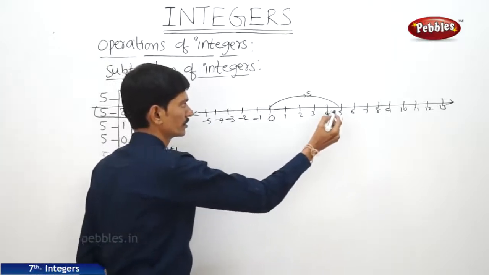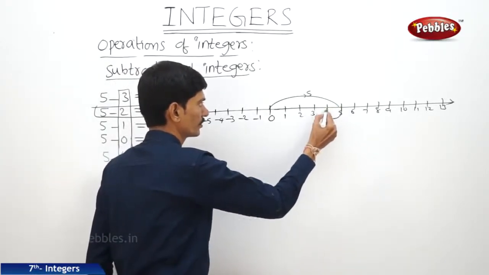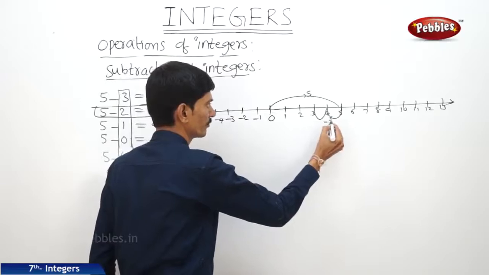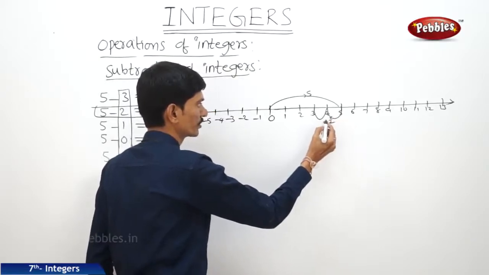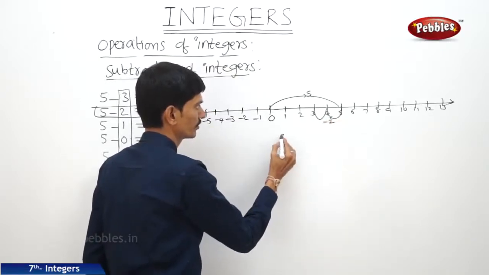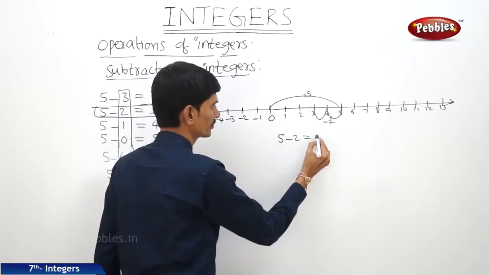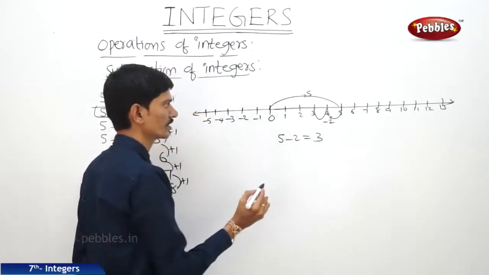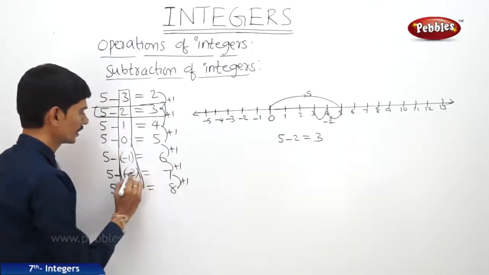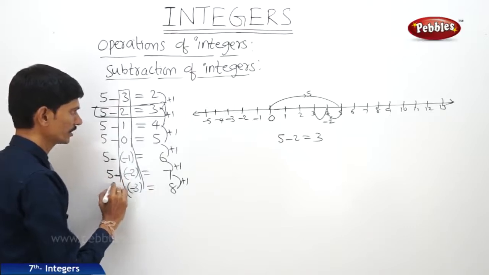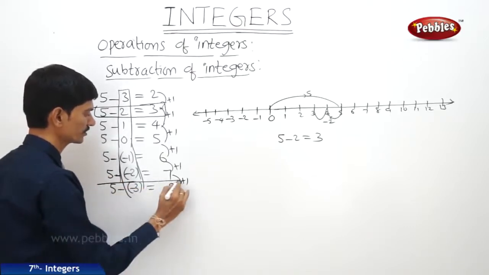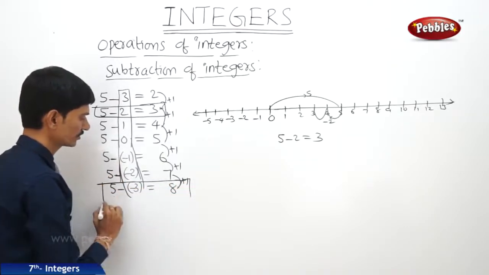So then we 1, 2, so this is minus 2. So then we got the result, that is 5 minus 2 equals to 3. And when you subtract the negative integer, so if you take 5 minus of minus 3 case, that is 8.